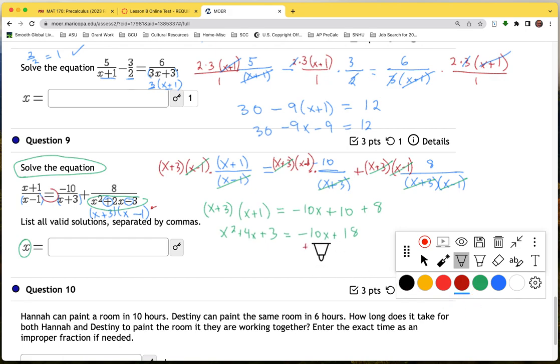So now we add 10x, subtract 18. This is the right thing to do. Add 10x, subtract 18. We're going to get a different result, and I believe one that will factor. This is 14. And this, 3 minus 18 is going to be negative 15.